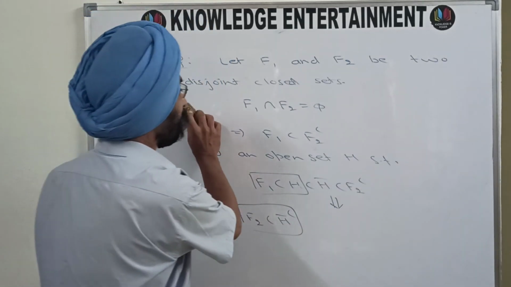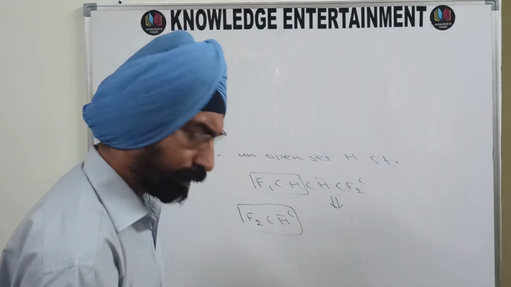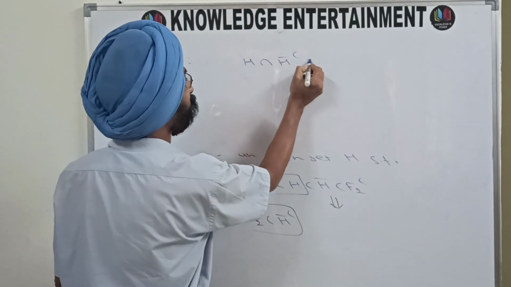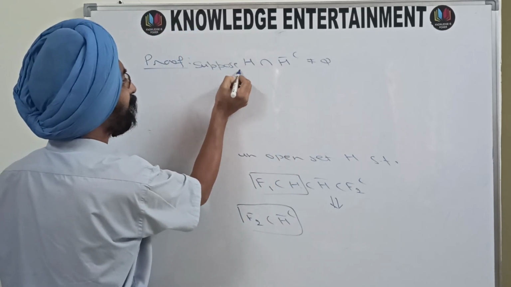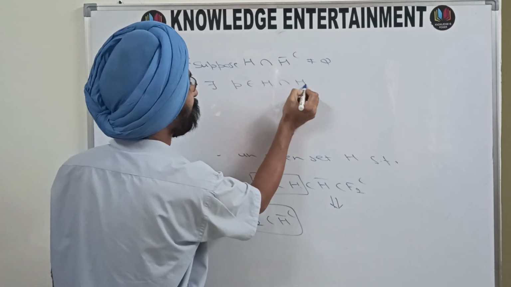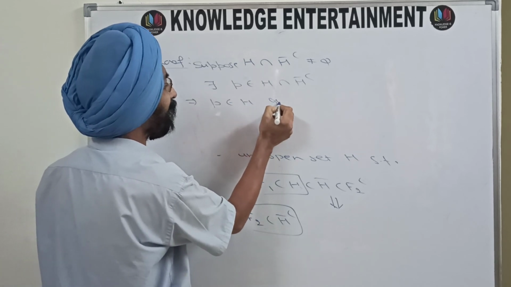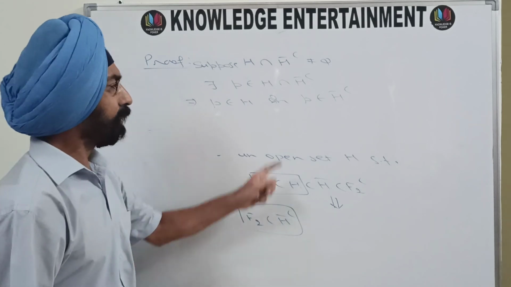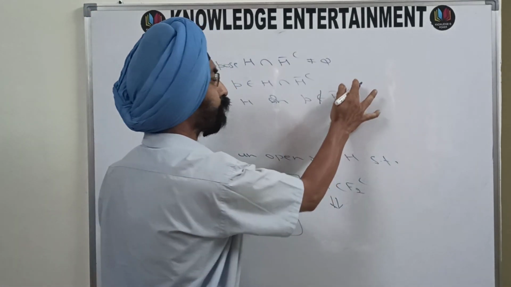So suppose that the intersection of these two is not phi. Suppose, if possible, H intersection H bar complement is not phi. So if it is not phi, there must exist some element P belonging to H intersection H bar complement. So P belongs to H and P belongs to H bar complement. P belongs to H bar complement means P does not belong to H bar.